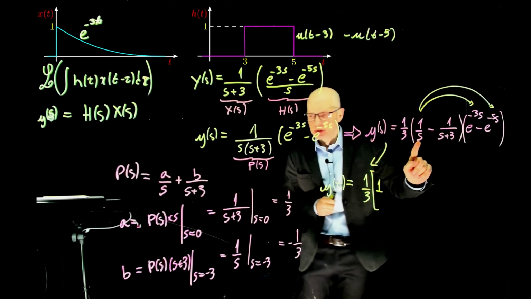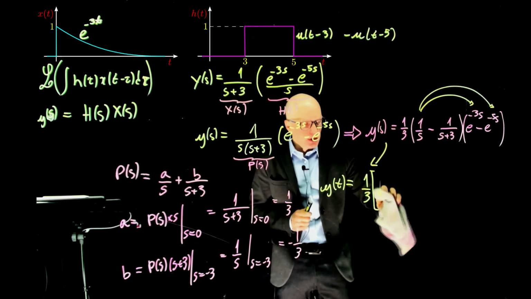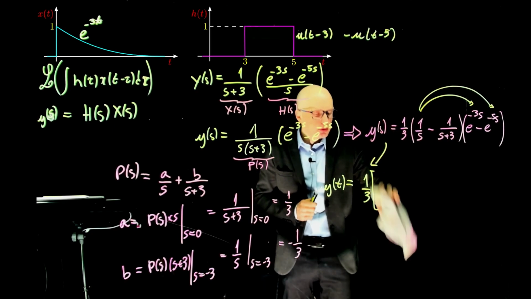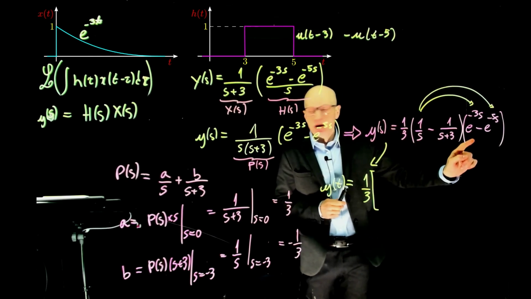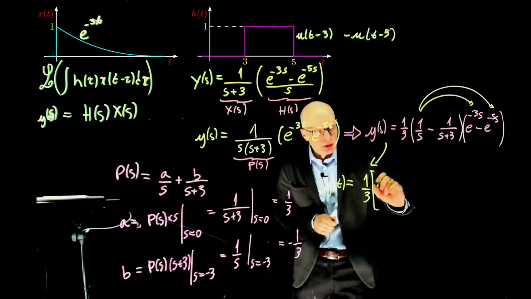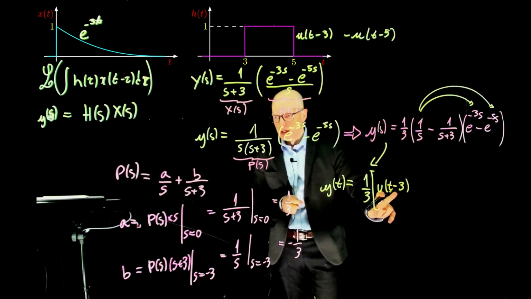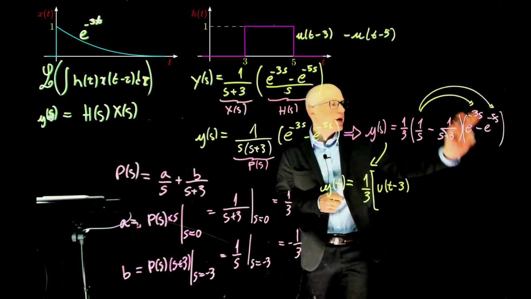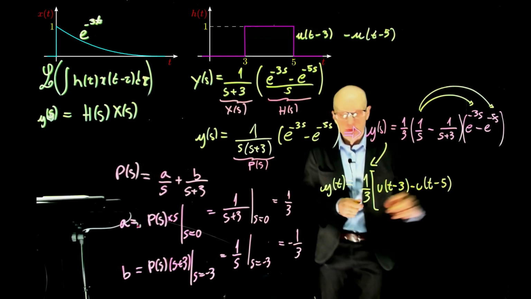All right, so this was the time response of the Laplace transform of a step function, 1/s. But now this step function is delayed in time by 3 seconds because 1/s multiplies that. So this is a step function shifted in time by 3 seconds. And 1/s times the other one is the same, but now shifted by 5 seconds.